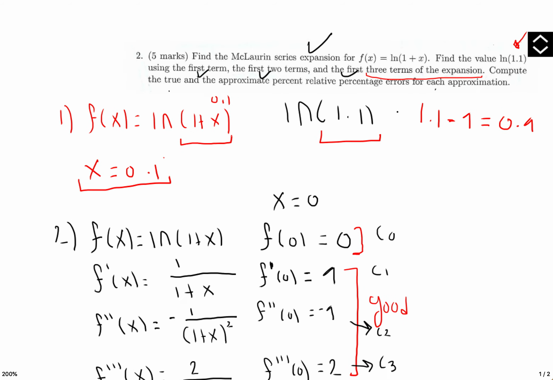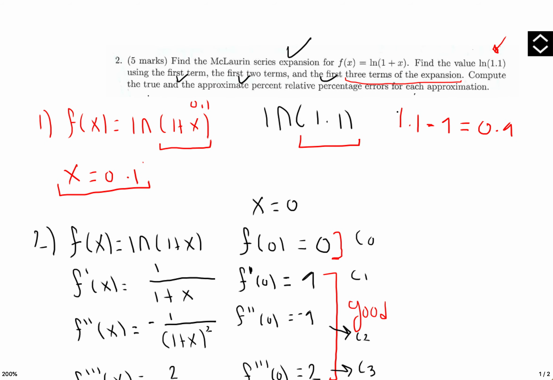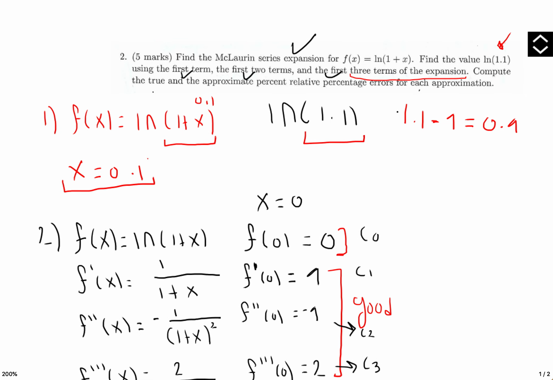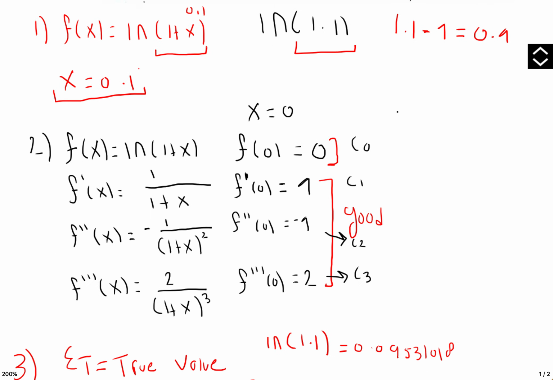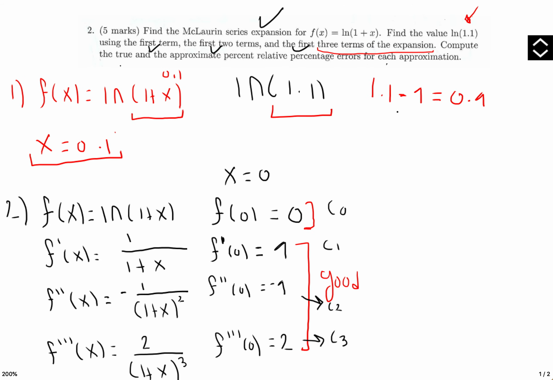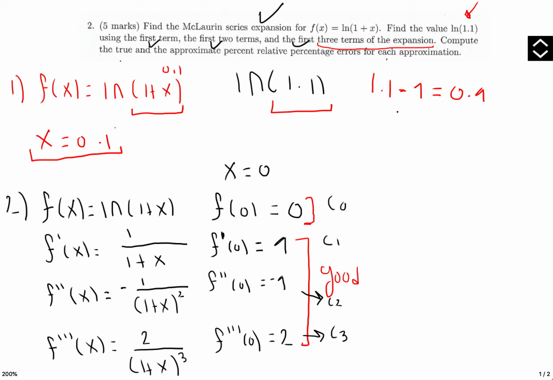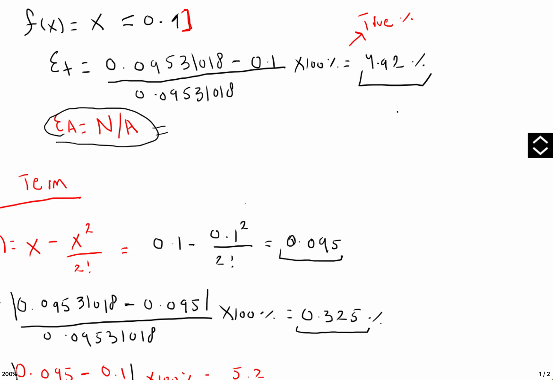You're just using a different method to approximate the value of ln 1.1. If you're using, for example, 10 terms, you're eventually going to get near 0, and that's why we use the Maclaurin series. That's why we use the expansion in this case to test the true and approximate relative percentages. So that basically concludes this video.